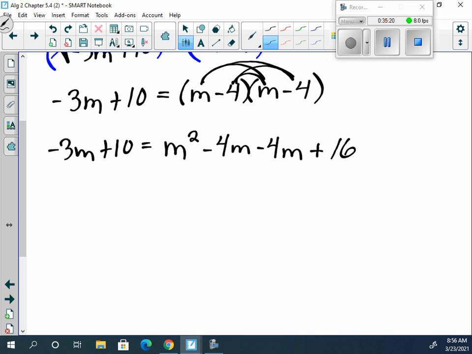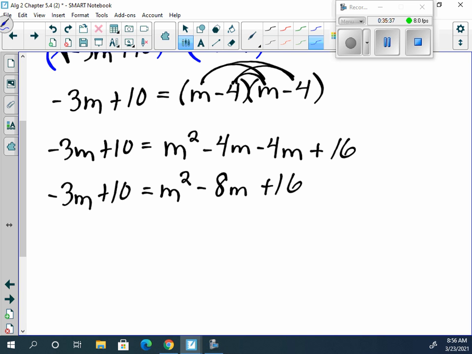I have a feeling some of you already went on and combined like terms, because our negative 4m minus 4m will be negative 8m plus 16. Any questions on this thus far? Any questions on what we've done here?